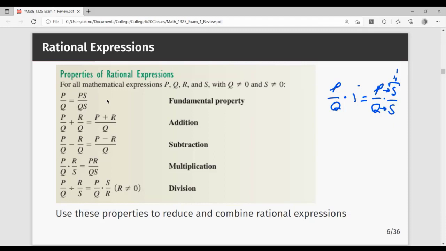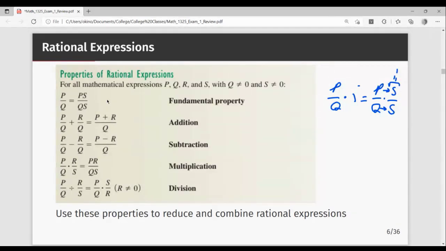Now for addition and subtraction, you have to make sure that your denominators are the same. You have common denominators, and after that you just deal with the operation in the numerator. For multiplication, as I mentioned before, you just multiply straight across: multiply your numerators and multiply your denominators. And lastly, division is like multiplication, but with a little trick.